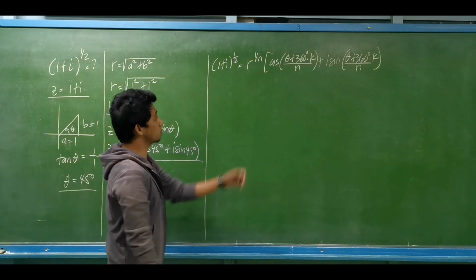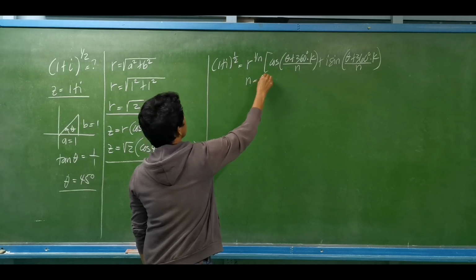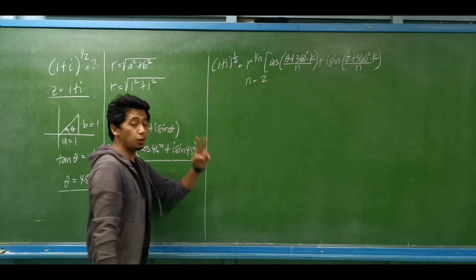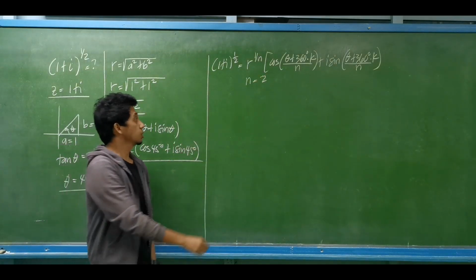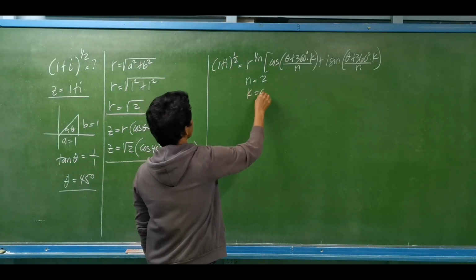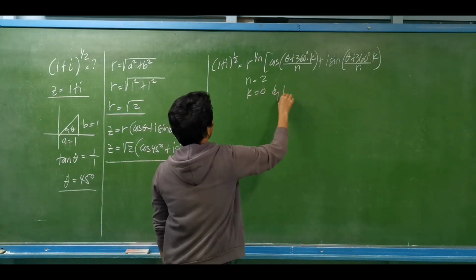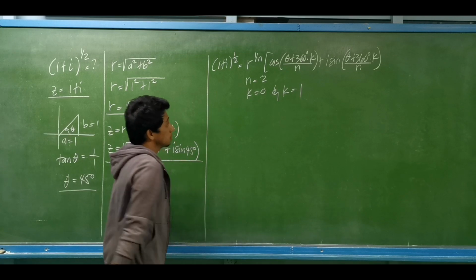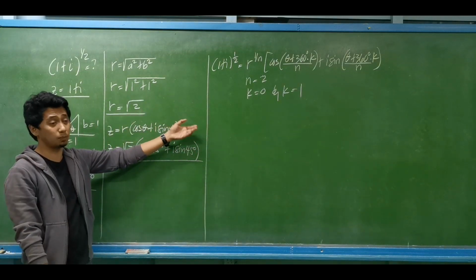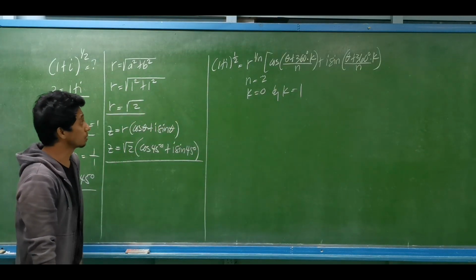So we are looking for the square root, so the value of n is equal to 2. We are looking for 2 roots. So we are using k is equal to 0 and k is equal to 1, to have 2 cycles to determine the roots.